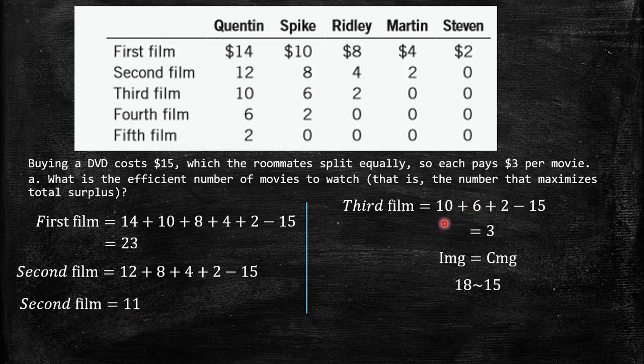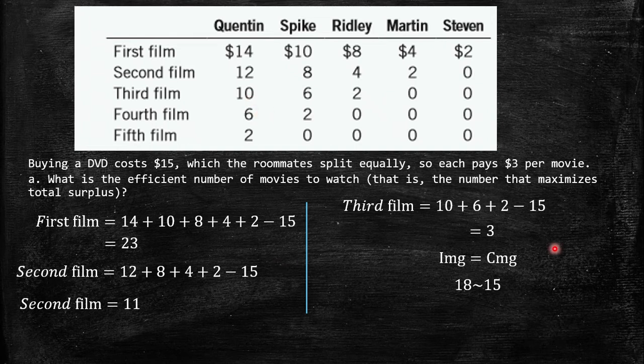With the third film, we have 10, 6, 2. And then with the fourth film, we have 8, and 8 is lower than 15. So rationally, it is not okay to move to the fourth film.